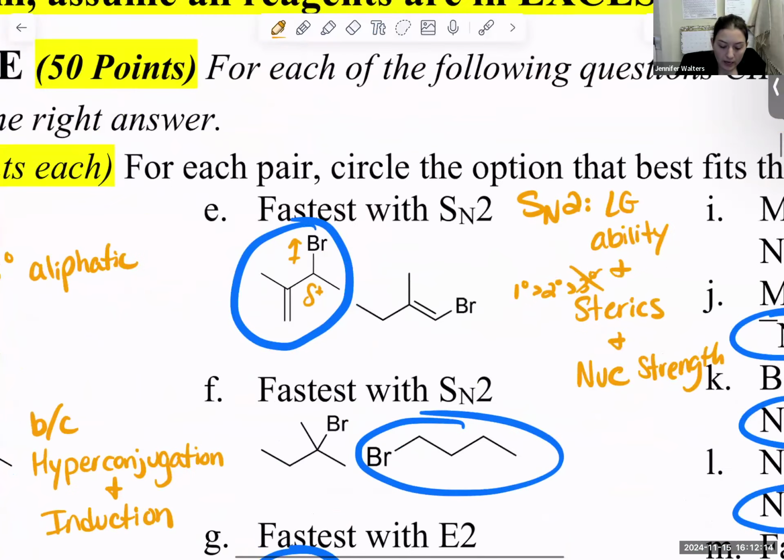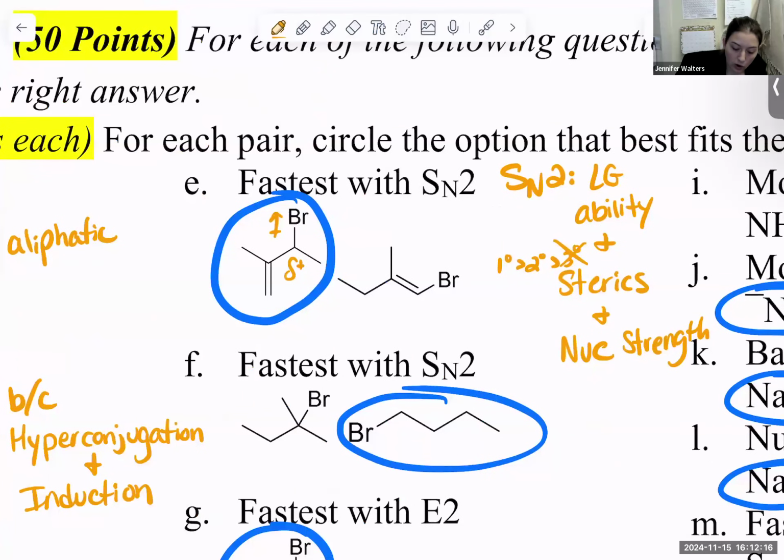The other thing that we need to take into account for our SN2 reaction is that it only works on sp3 hybridized carbons. The reason why it must be sp3 is because this orbital is going to be a little bit larger than my sp2 hybridized orbital.